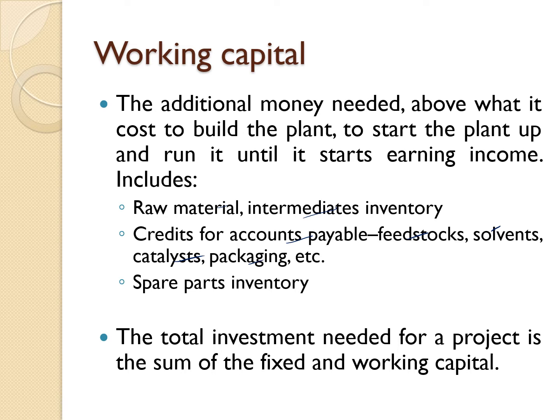All of this inventory is additional money that we need to allocate to make sure the plant can start up. The total investment needed for a project is the sum of the fixed capital and the working capital.